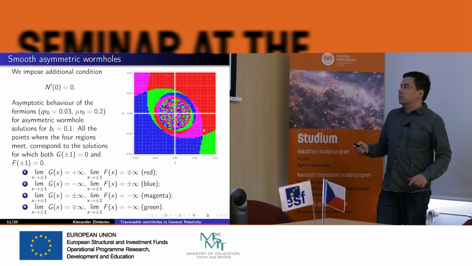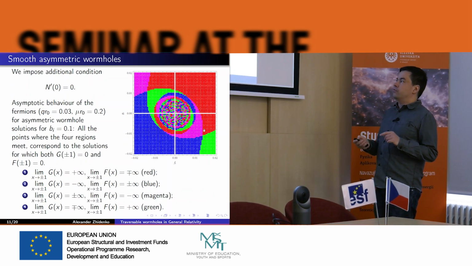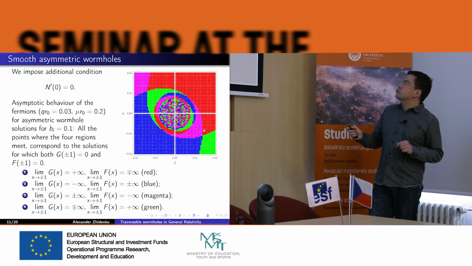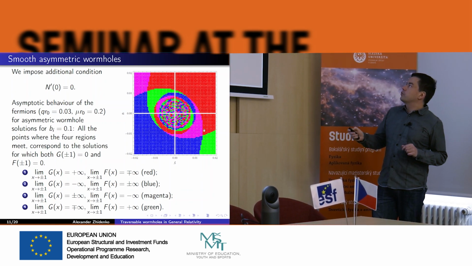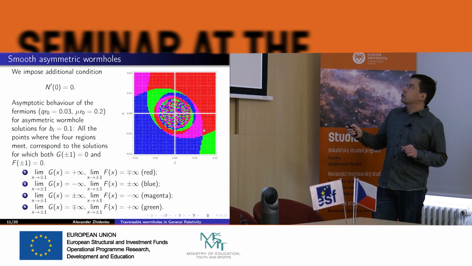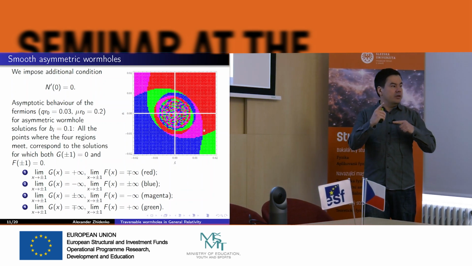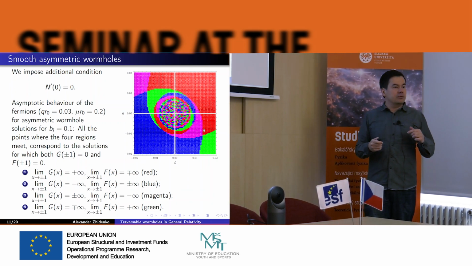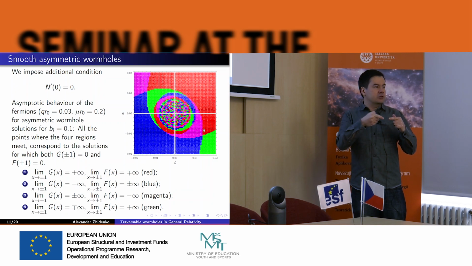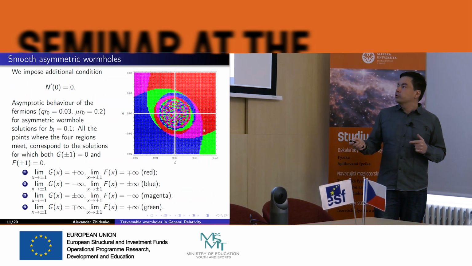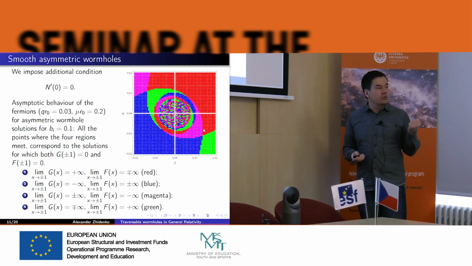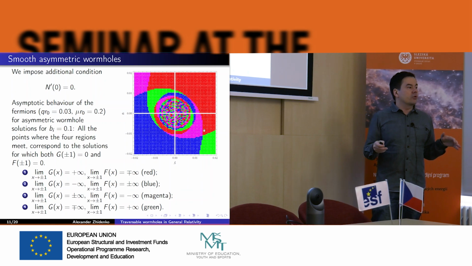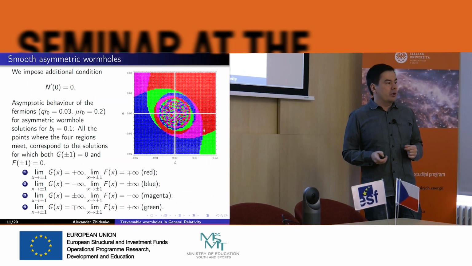And actually, what happens? The sign of one of these functions changes along one of these curves, and the sign of the other changes along another. And at the intersection, we can conclude that both signs change. So we have one single point where both of these functions are 0 at infinity. So we have a normalized configuration of the fermions.